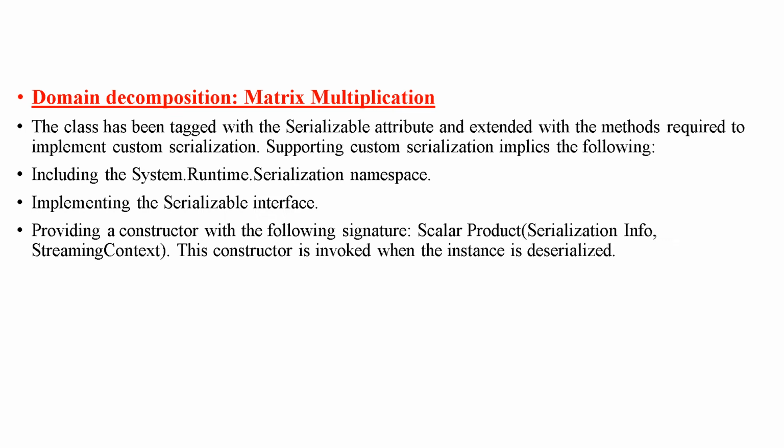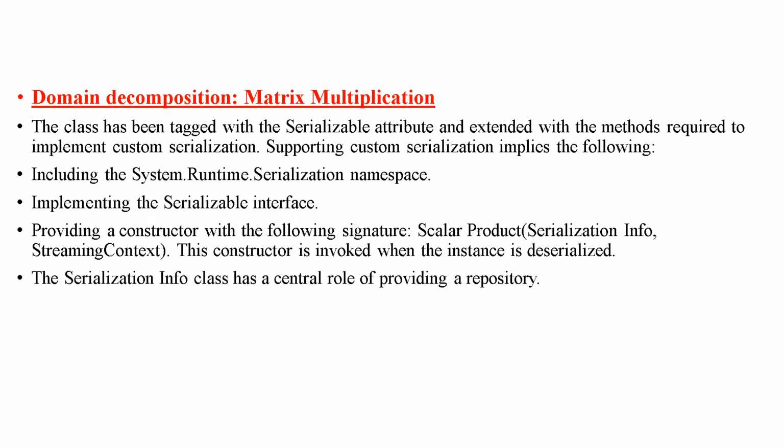This interface has only one method, void GetObjectData(SerializationInfo, StreamingContext), and it is invoked when the runtime needs to serialize the instance. Providing a constructor with the following signature: ScalarProduct(SerializationInfo, StreamingContext). This constructor is invoked when the instance is deserialized.